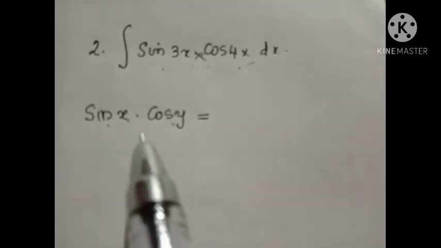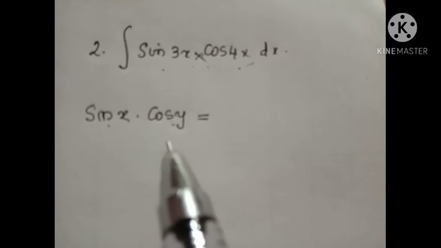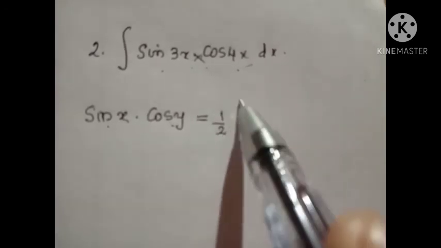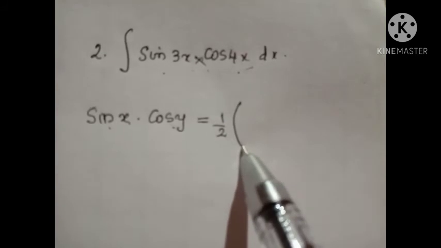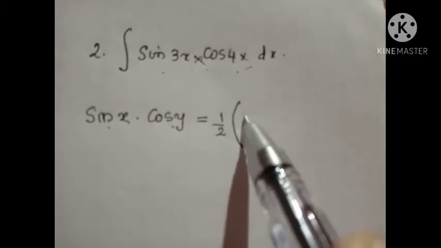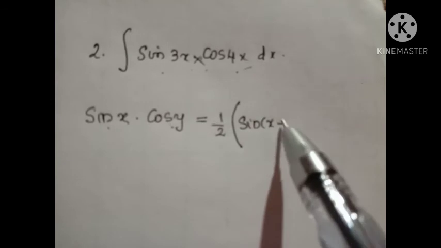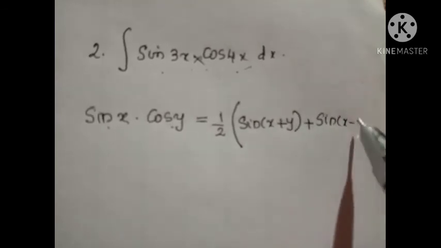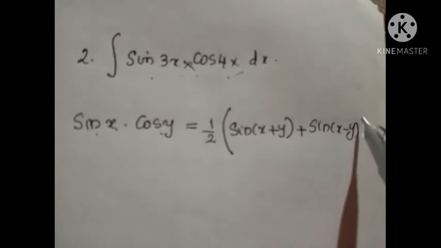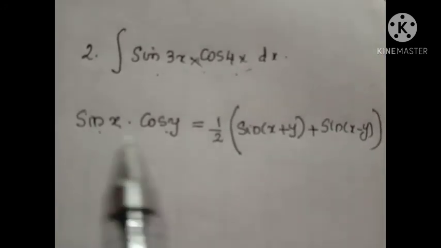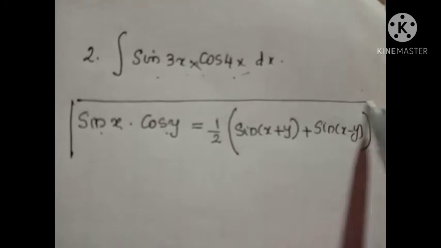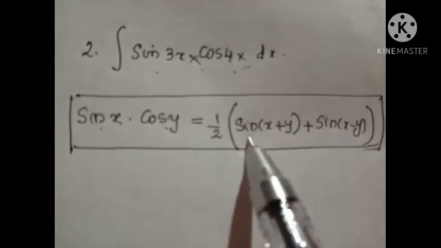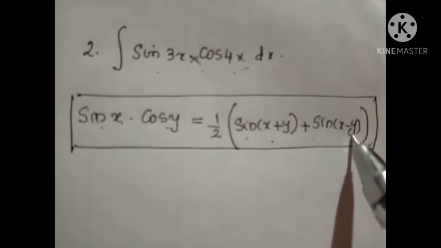Now listen, sin x into cos y is equal to half of sin x plus y plus sin x minus y. All these we studied in class plus 1. So sin x into cos y is equal to half into sin x plus y plus sin x minus y.